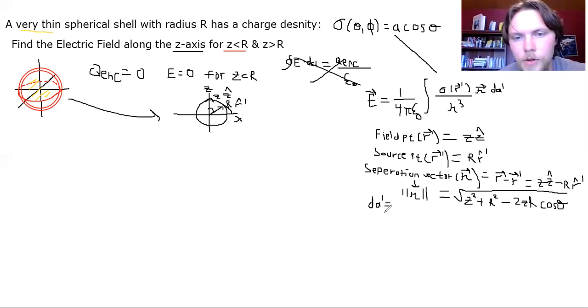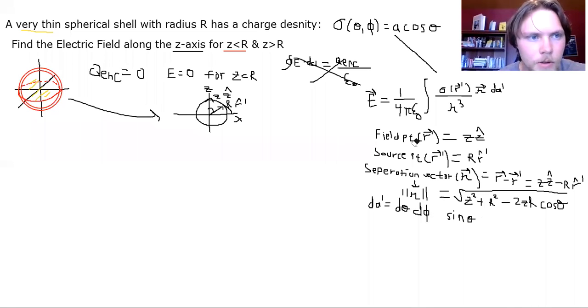Okay, so dA prime. We know that it's not changing in the r direction, and we're dealing with an area, so it means it's changing in both the theta and phi directions. And since we're in spherical coordinates, we also have to include r squared sine theta. But in this case, our little r is just big R, so I can rewrite that as that.